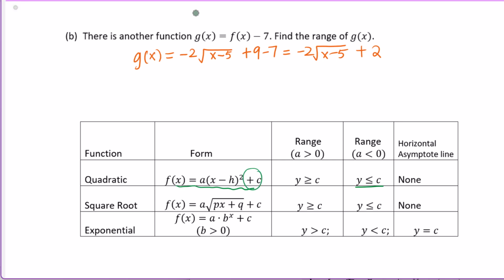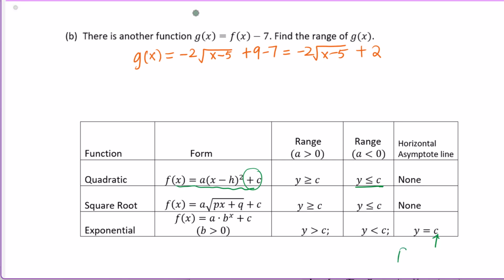When a is less than 0, y is less than or equal to c. A square root function is the same as a quadratic function. For an exponential function, this c is basically a horizontal asymptote line.